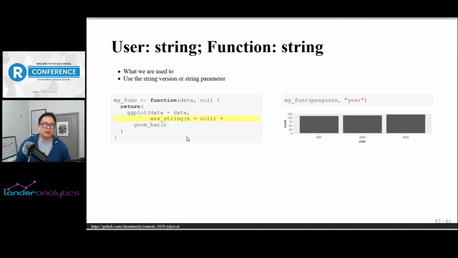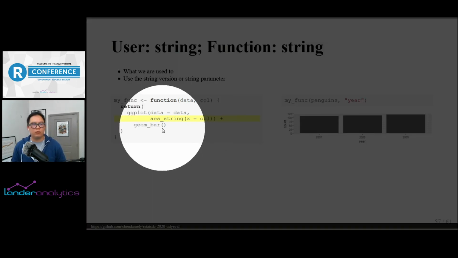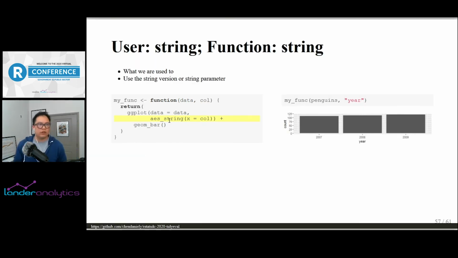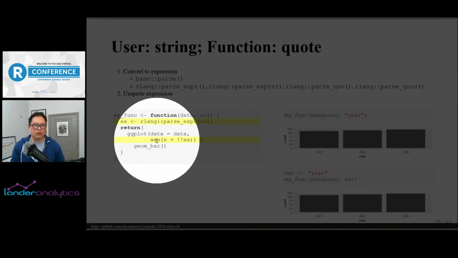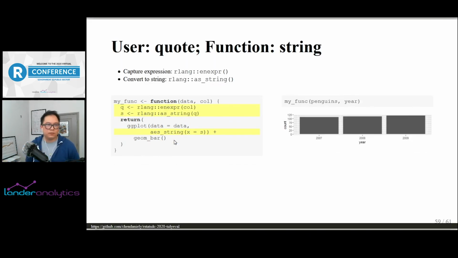But the TLDR is, if you want the user to pass in a string and the function itself internally uses a string, that's something that we're all used to. So for example, ggplot has an aes_string option, and we can use our function as is. If you want the user to pass in a string, but the function takes a quote, what you want to do is convert it to an expression first, and then unquote the expression. So we can use aes with bang bang there.